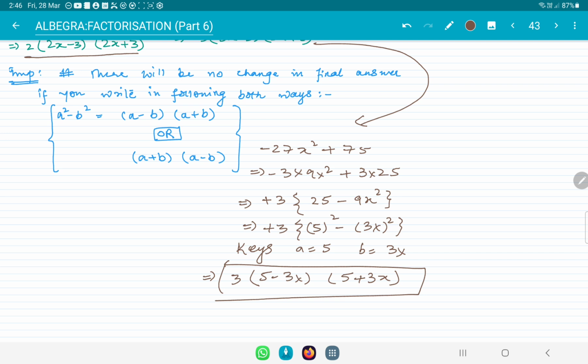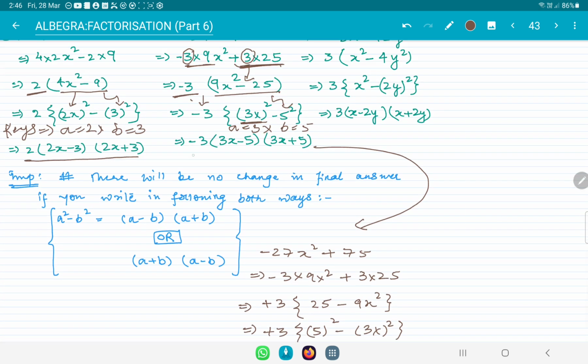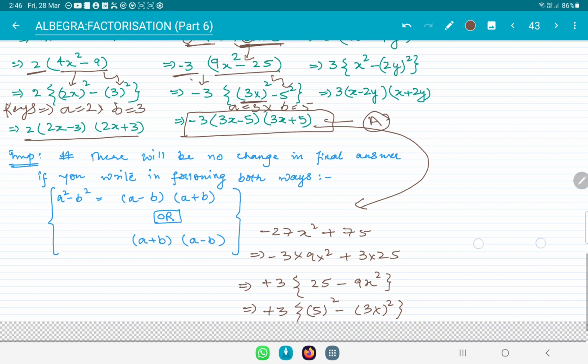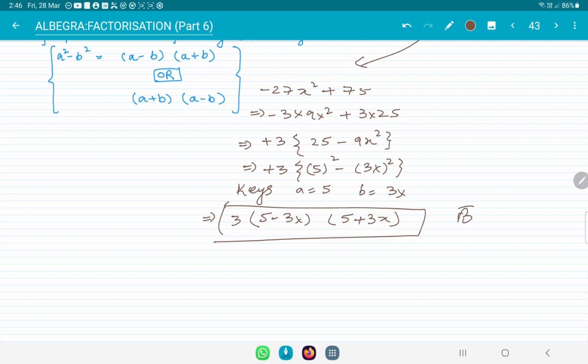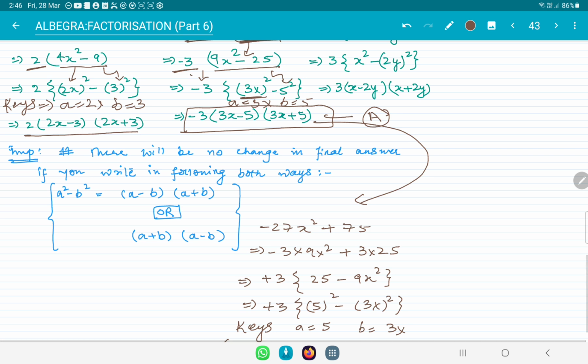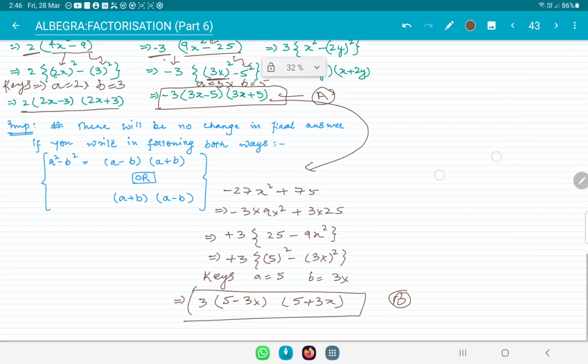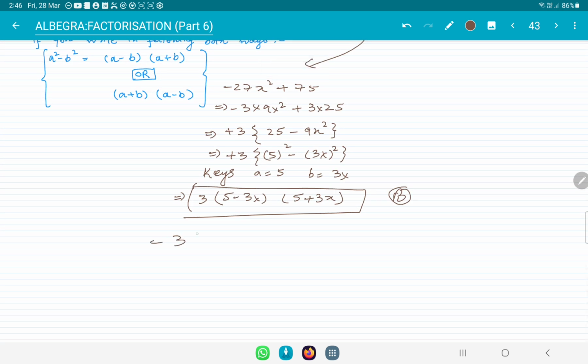Now we can check our final answer with the previous one. Suppose I call this a and this b, so I am writing a also: minus 3 into 3x minus 5 into 3x plus 5.